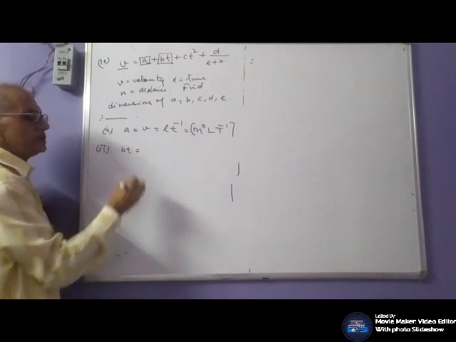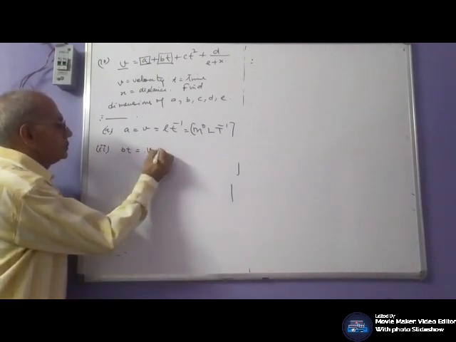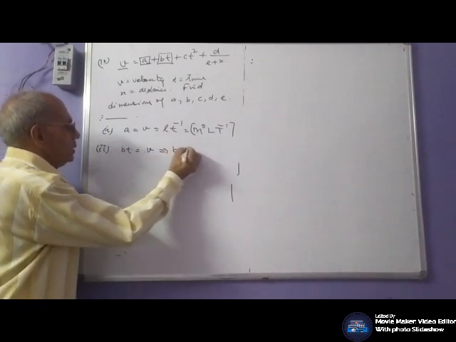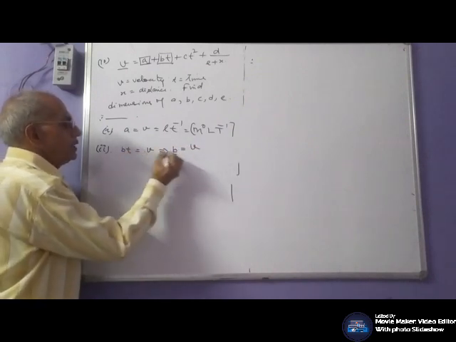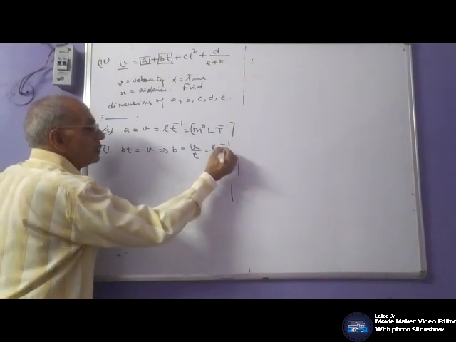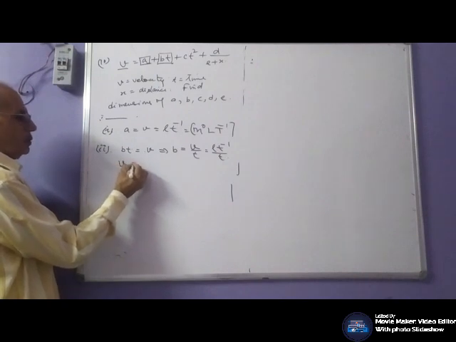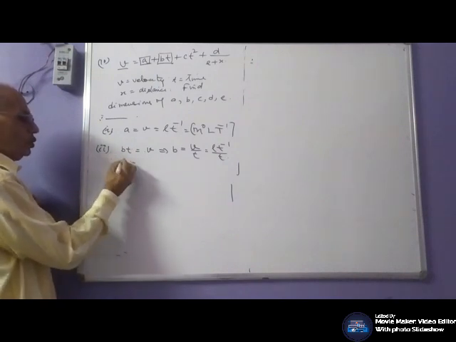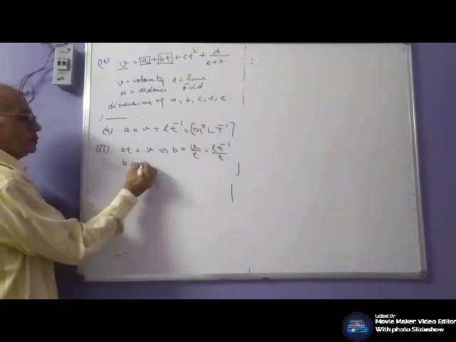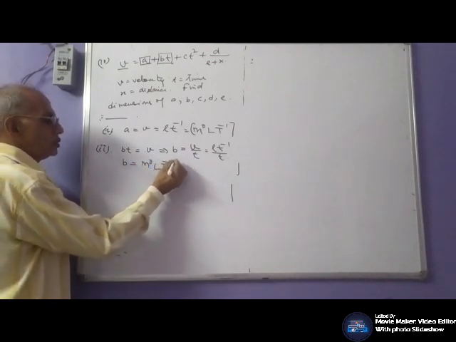Bt is velocity, so B is V by T, V is S by T. So B comes out to be M0 L T minus 2.